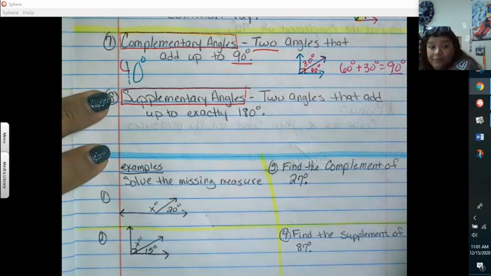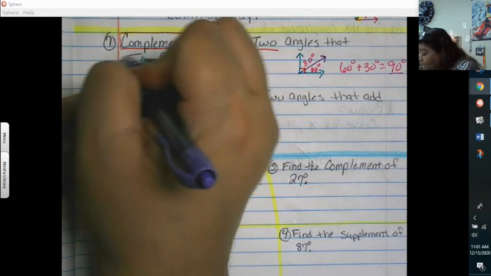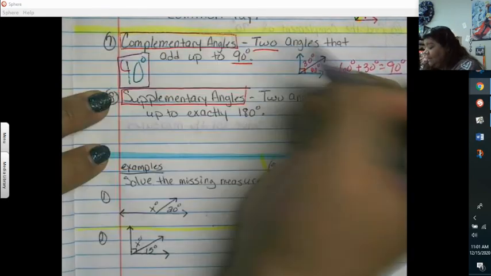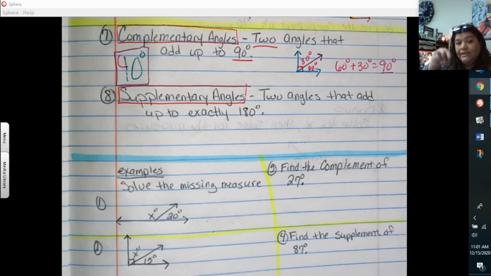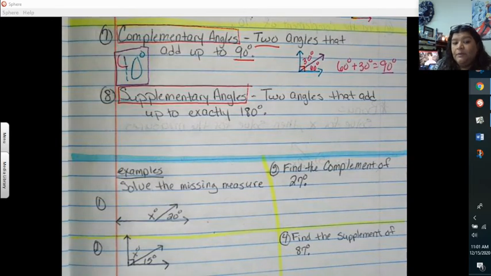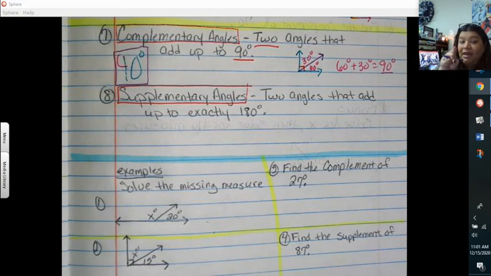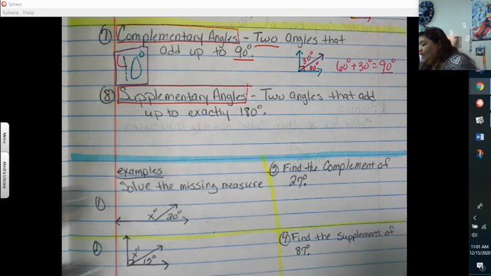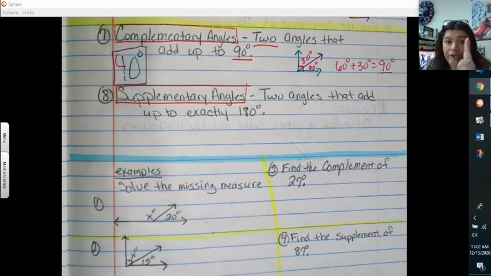So maybe that'll help, but complementary has a C, and that C reminds you it's a 90. And you're going to see what happens with supplementary. I'm going to show you the supplementary trick next, so you can see that C is 90, and the S, you're going to see it. But complementary angles is two angles that add up to be 90 degrees.